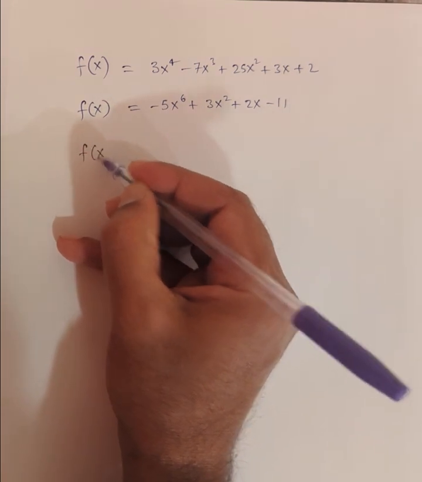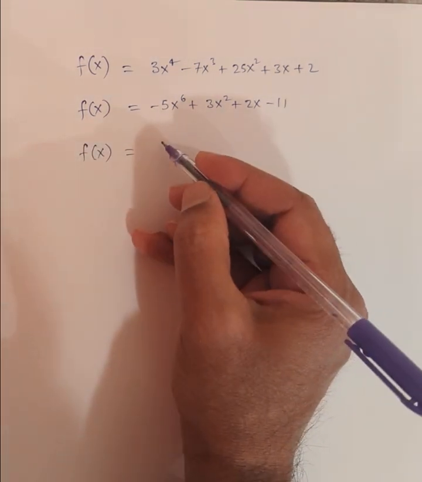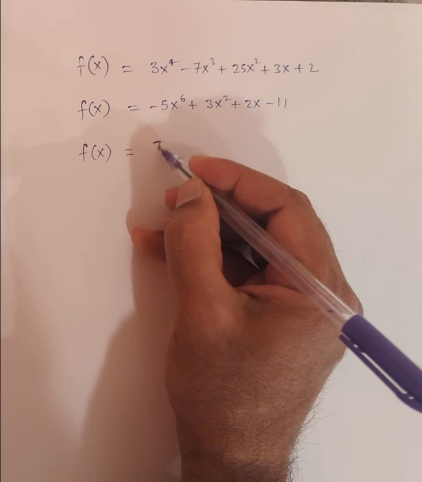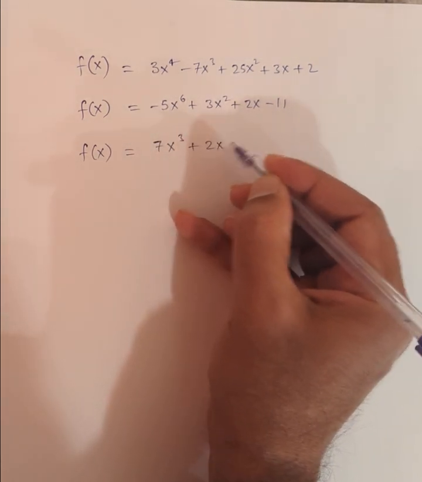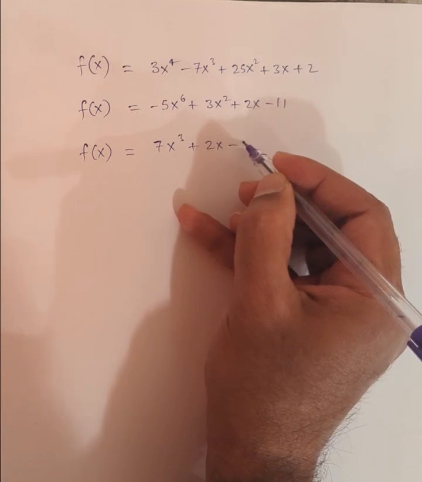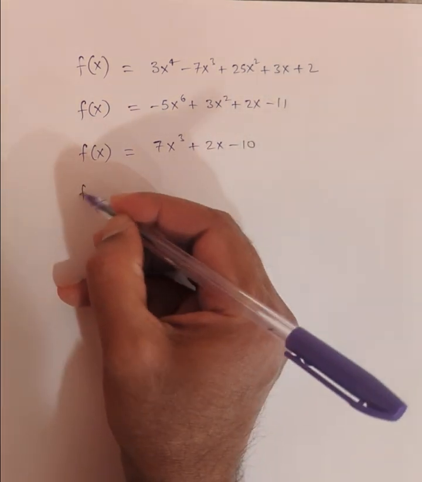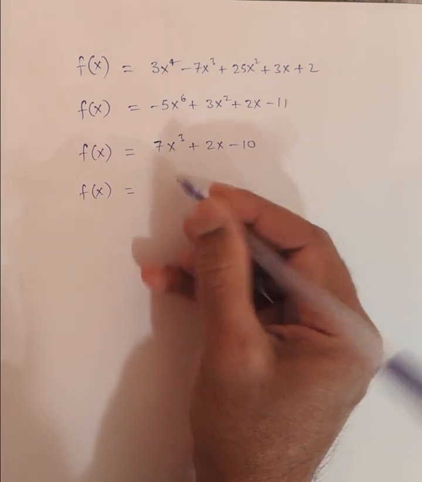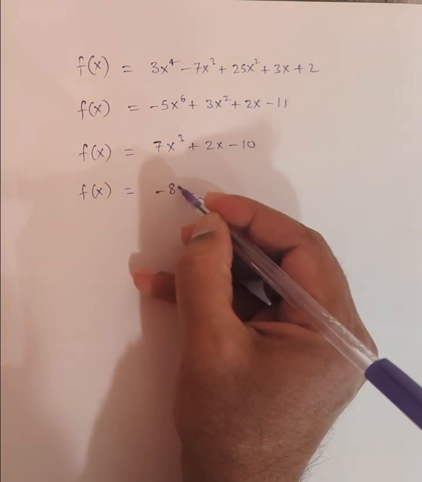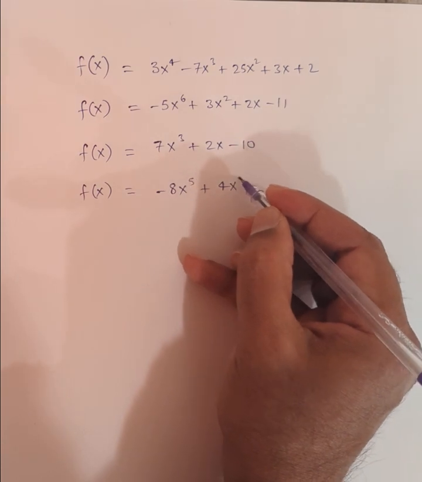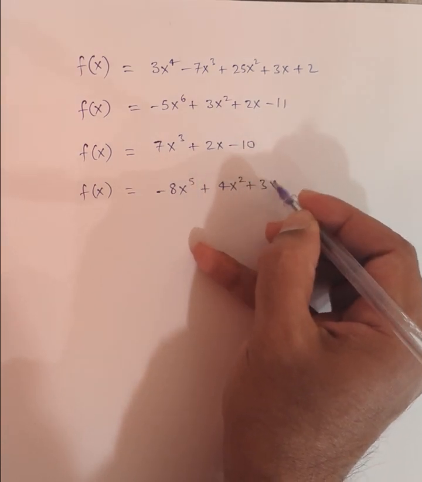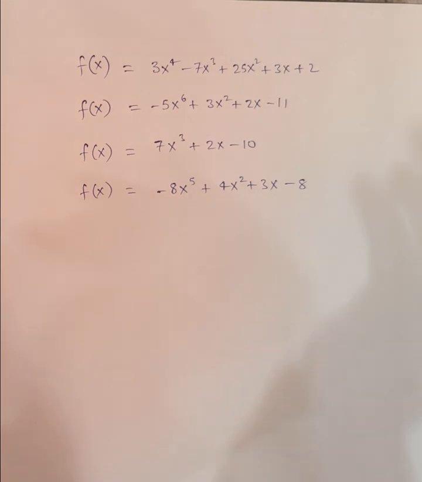Then 7x cubed plus 2x minus 10. And also negative 8x to the 5 plus 4x squared plus 3x minus 8. How about that?